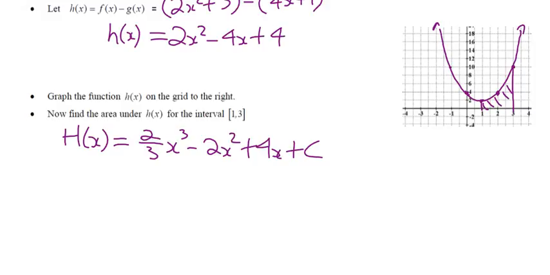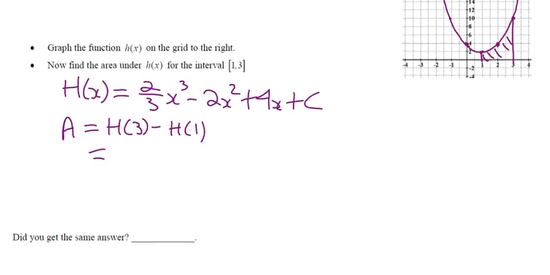So let's try this. The function is 2x squared minus 4x plus 4. Okay, we want the area. So area is going to be H of 3 minus H of 1. I guess what we're hoping is that we get the same 9 1/3 square units, right? Because we do this in one step, it's a lot easier than plugging it in twice.